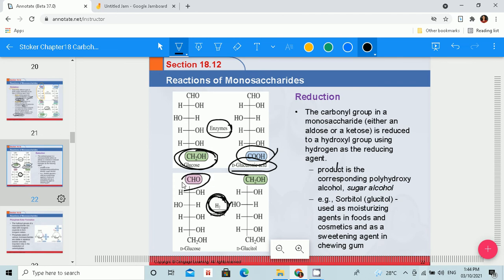When we reduce an aldehyde, we gain electrons, and that electron is our hydrogen. So we have an alcohol. We call this one glucitol, since this is glucose.